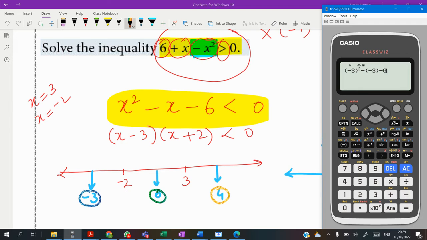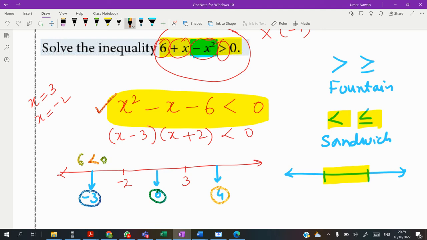Did you see I'm substituting it here and checking what my answer is? Is my answer less than 0 or greater than 0? Check it out. I got the answer 6. Do you think 6 is less than 0? The answer is no. 6 is not less than 0. So this is no. As you all know, if this answer is no, then the other outer answer is also no. Definitely the middle answer will be yes.